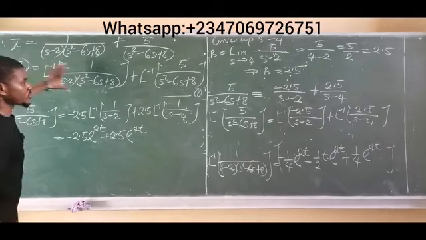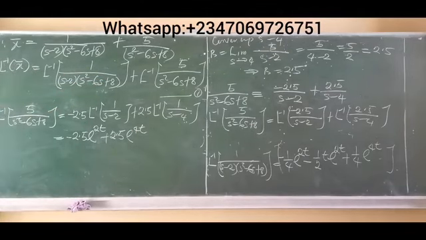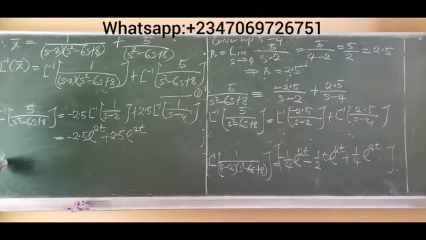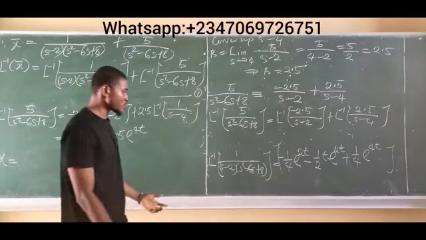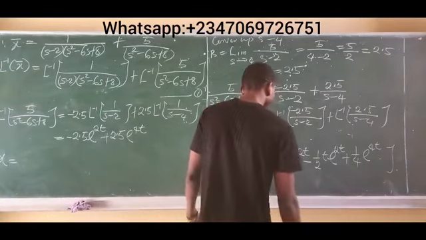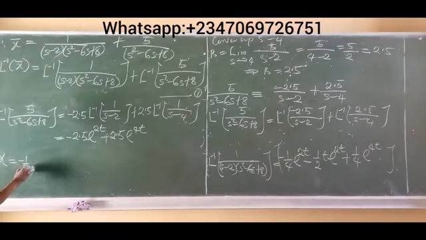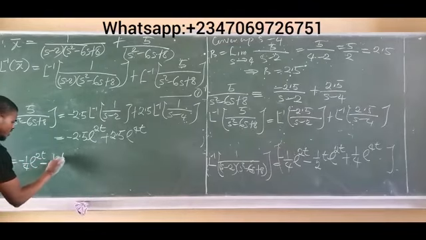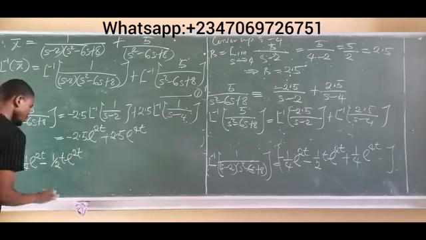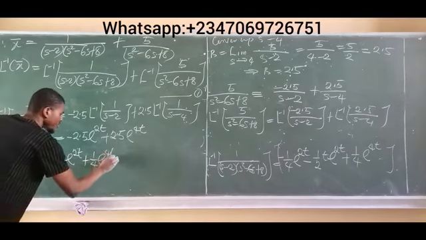We can now put them into this equation to obtain the solution of the differential equation. Laplace inverse of x bar, we call that x. And this is equal to the Laplace inverse of this term. We already obtained the solution here, which is minus 1 over 4 exponential 2t minus 1 all over 2 t exponential 2t, plus 1 all over 4 exponential 4t.